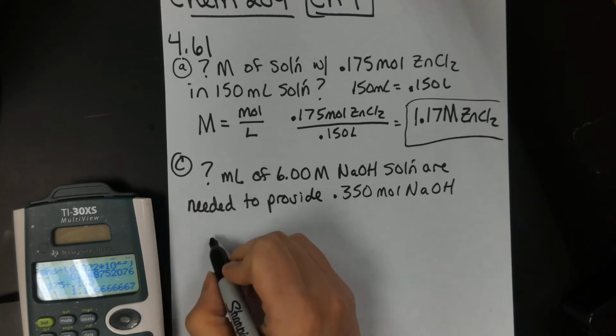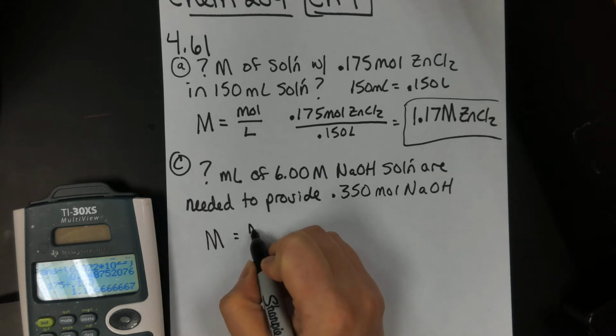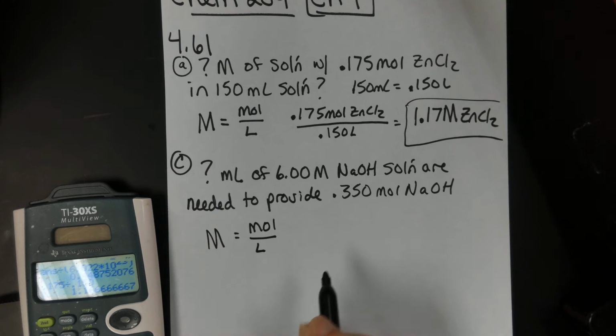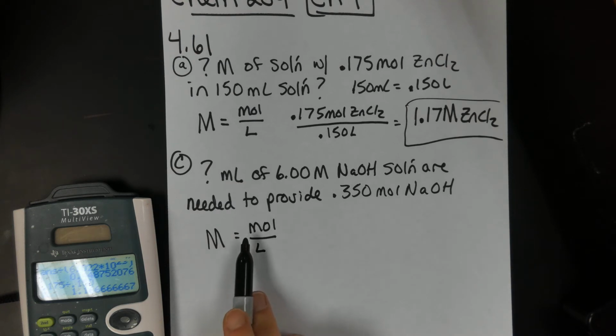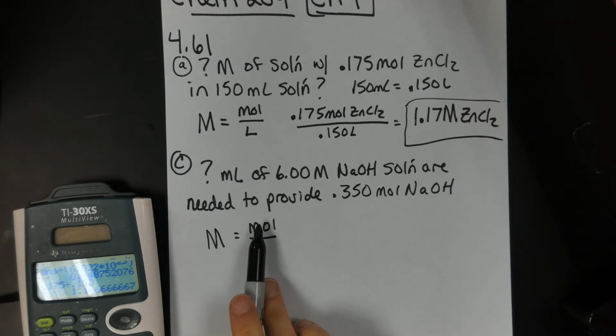So we actually just need to use this equation to find it. I am given molarity, I am given moles, I need to find liters. So how do I do that?